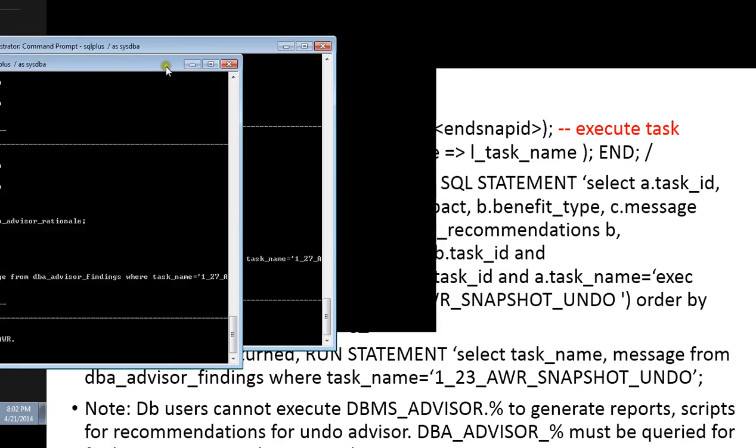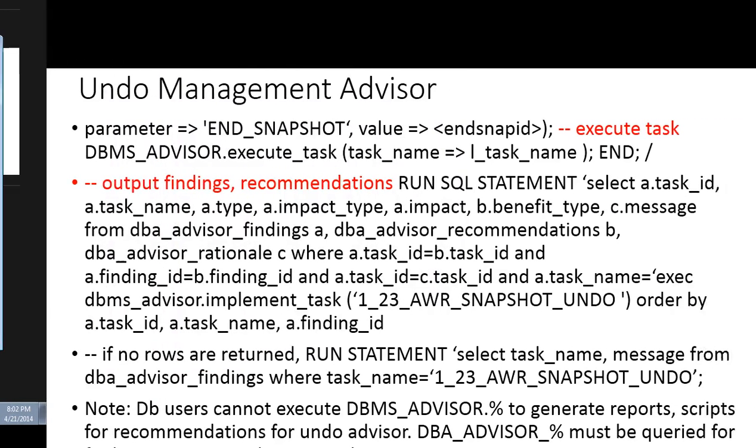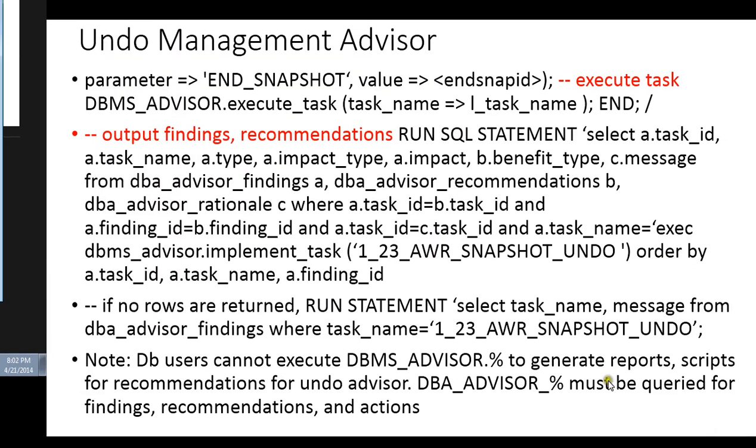So let me put my SQL Plus window aside. Okay, so again, this is a query that you run to confirm what's going on with your task. Also note, as I've just told you, you cannot execute DBMS_ADVISOR to get a report or to look at the scripts for recommendations.